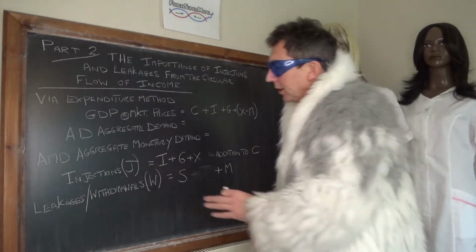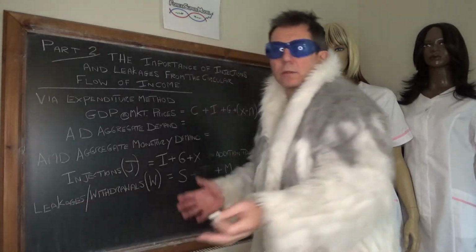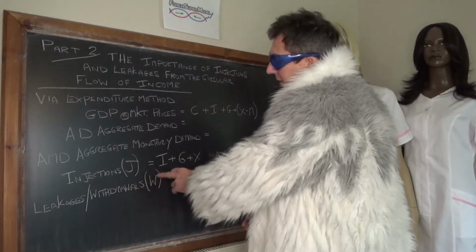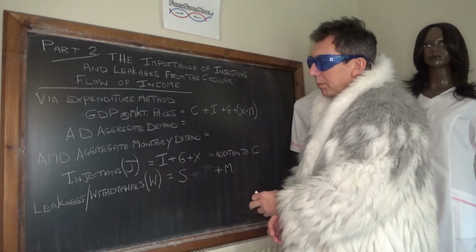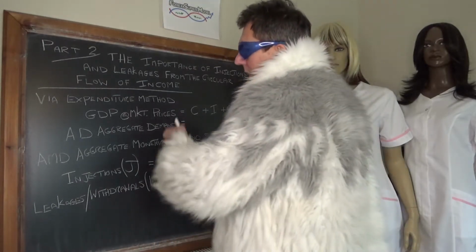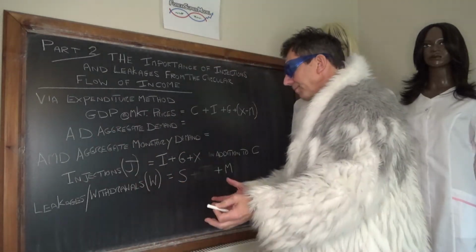Right, leakages then, or also known confusingly as withdrawals, and then they're designated W, which probably makes more sense, calling them withdrawals, but I like to call them leakages. So injections and leakages.